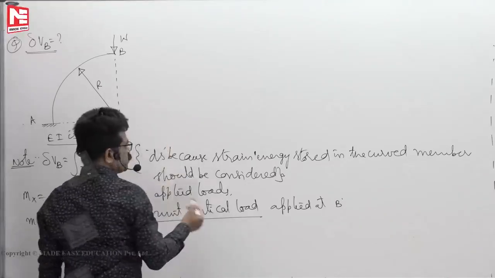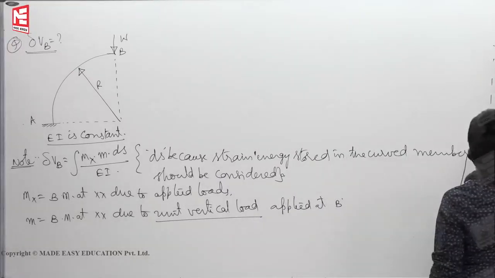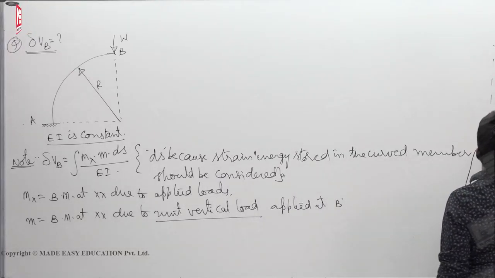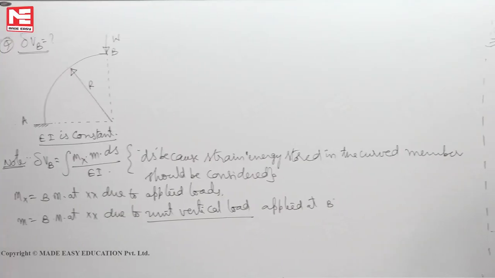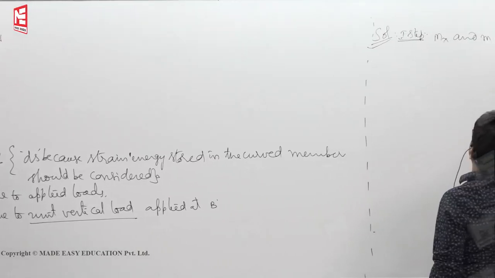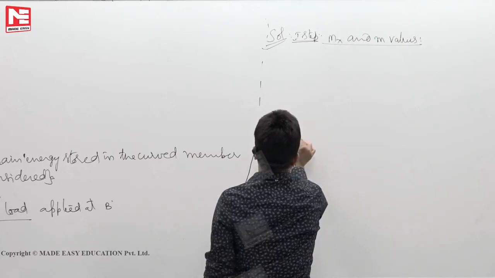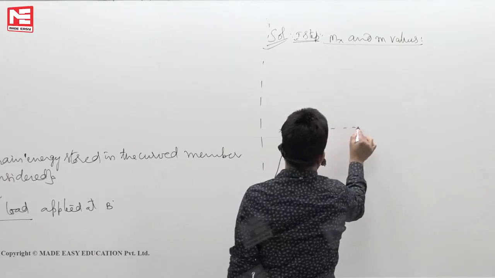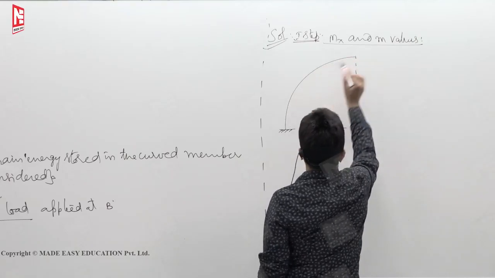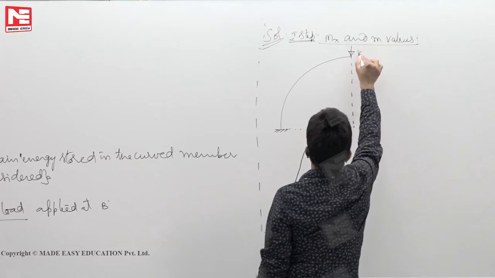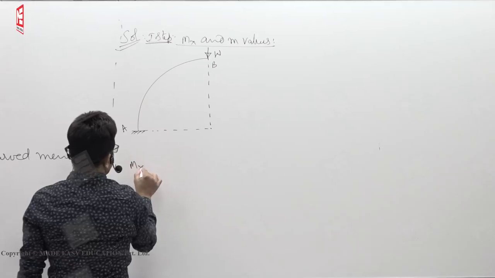Now let us see how we should write the solution. Mx and m values. Now a table as such is not required. First step, Mx and m values. This is the load W. This point, let us say A, B. This is your Mx diagram.